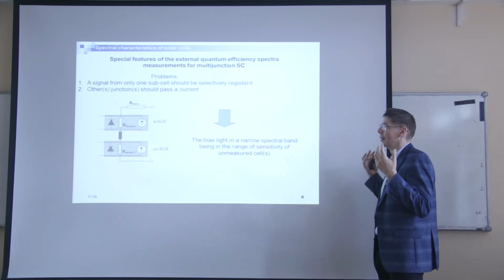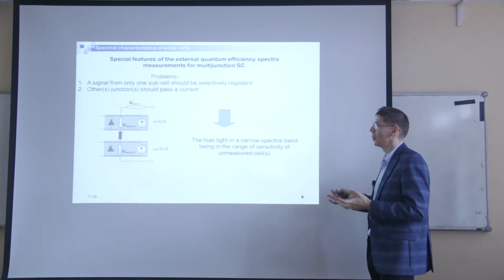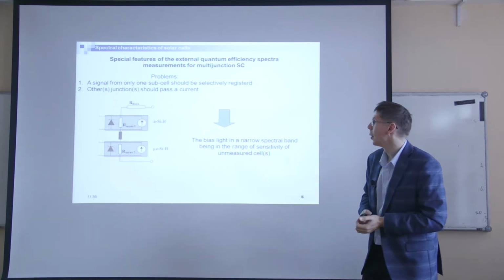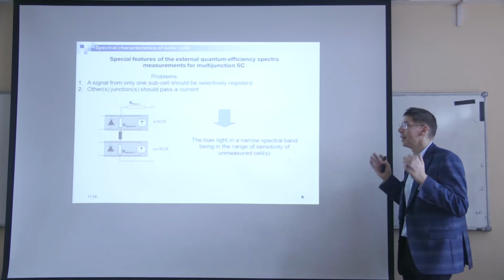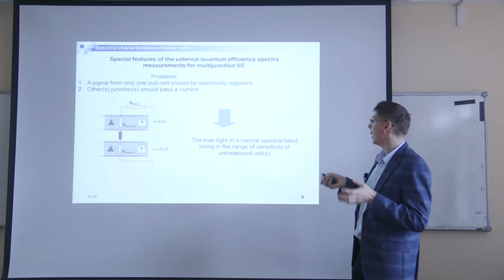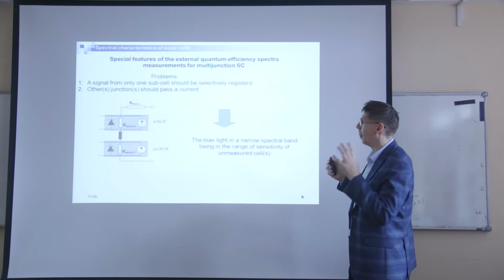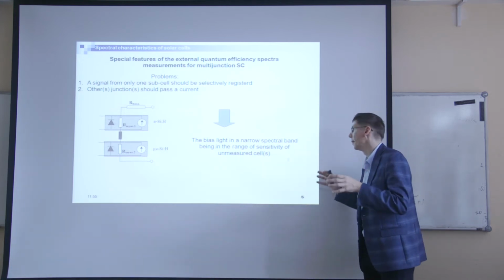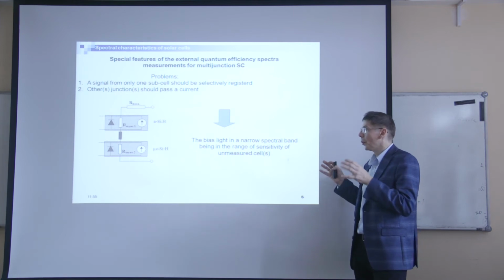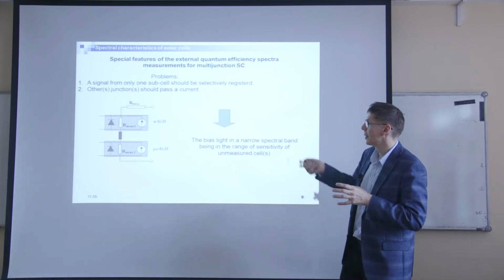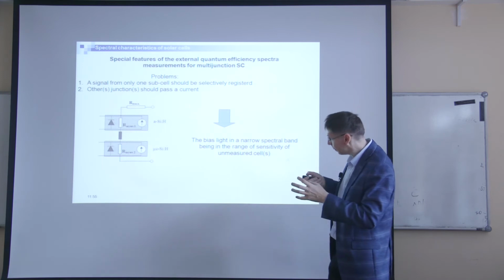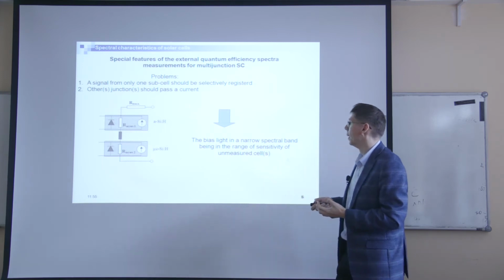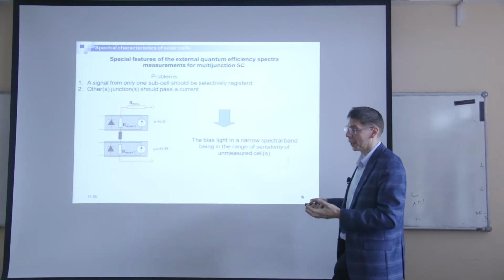There is a way to perform the measurements for this kind of solar cell using bias light. The idea is quite simple. If you have bias light in a narrow spectral band, you can just switch on one of the junctions to pass the current.